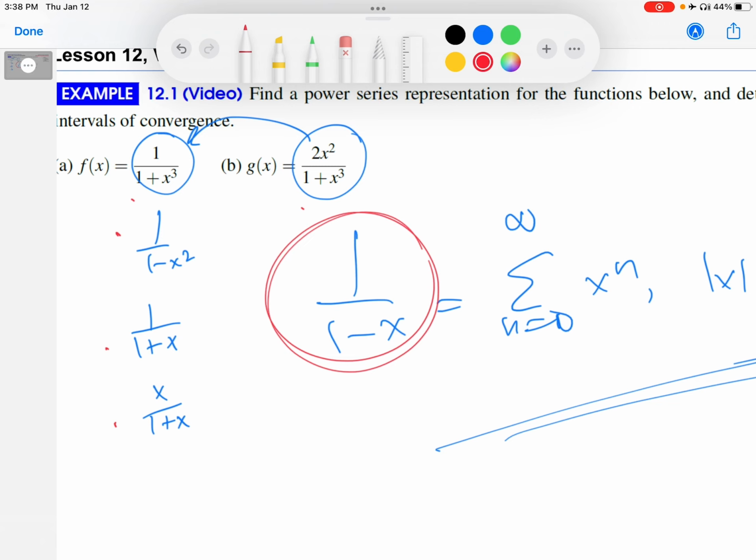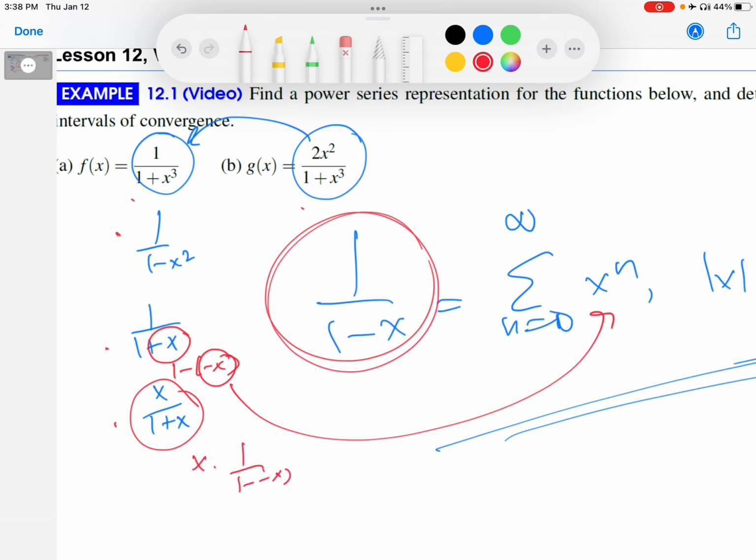And you can get to them in different ways. For this one, we're thinking of this as 1 minus negative x. So you take negative x, put it in there. Over here, this is x times 1 over 1 minus negative x. So the result from this one times x. For this one, it's 1 over 1 minus x squared.